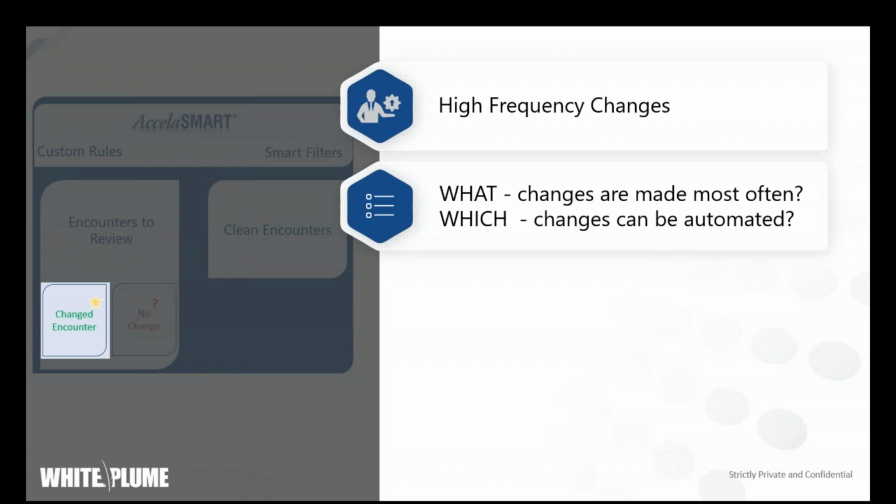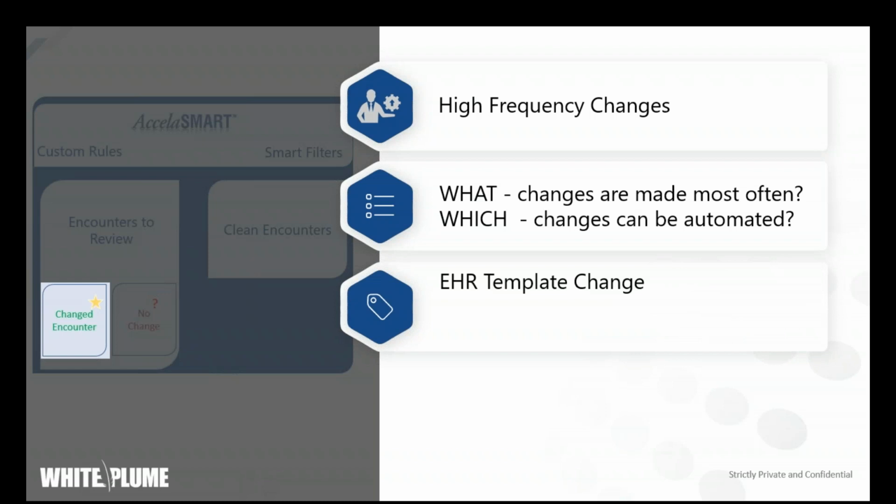But if we can find some of those high frequency changes that are being made very, very often in your practice that are good candidates for automation, those are the ones that can really help streamline the process. If we can identify those and understand what they are, we can typically look to automate those in several places in the workflow.